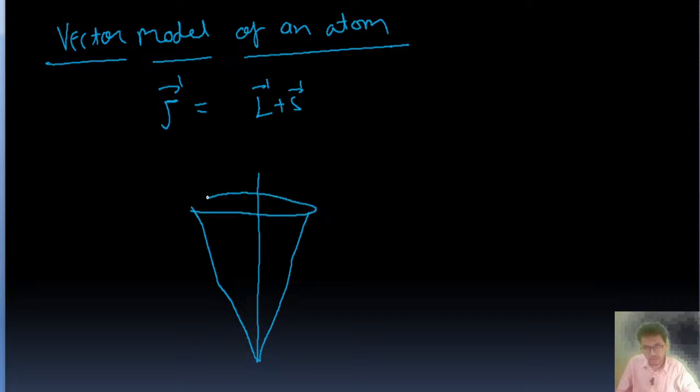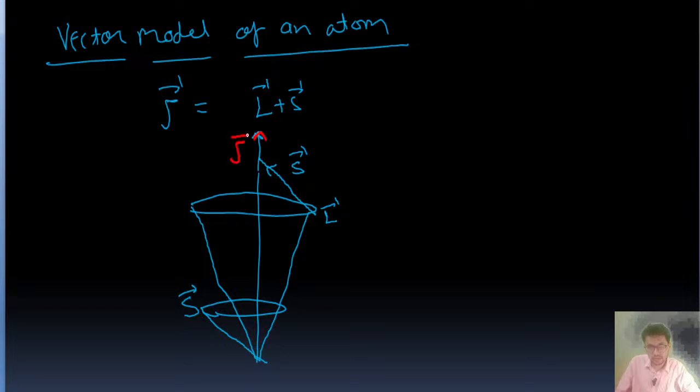Okay, so this is the one. This is L vector, this is S vector, and this is J vector.